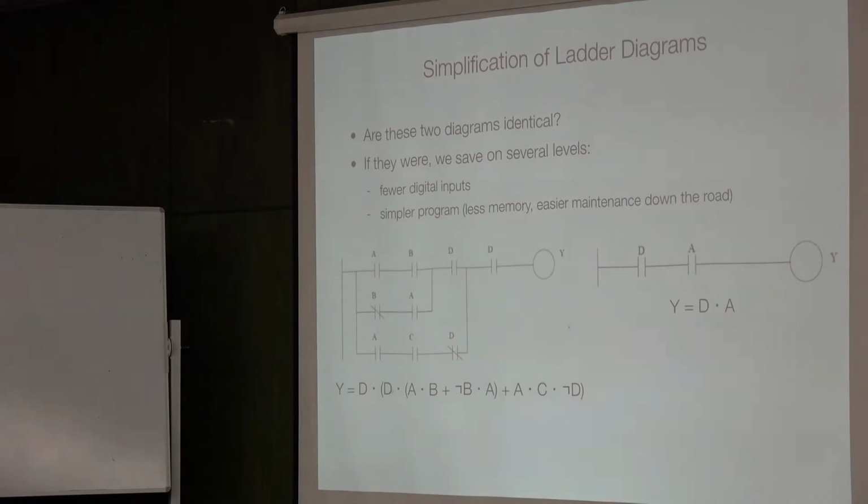But the more elaborate answer would be, well, let's check, because if they were equivalent, it would have great benefits, right? Instead of 4 binary sensors, we only need 2 of them. That means a cheaper implementation of the control system. And this program also consumes less memory. You can argue whether 2 blocks versus 8 or 9 is a big difference. It is.